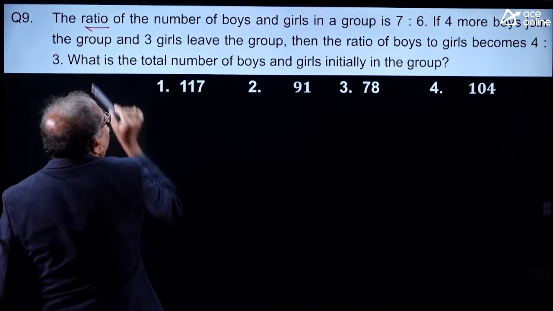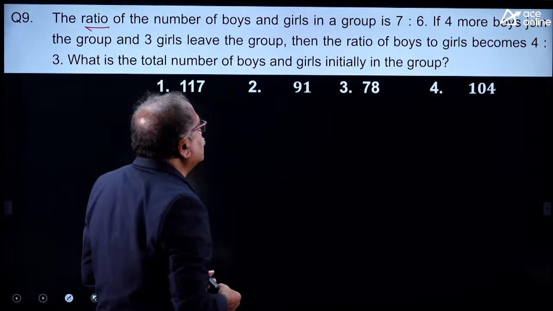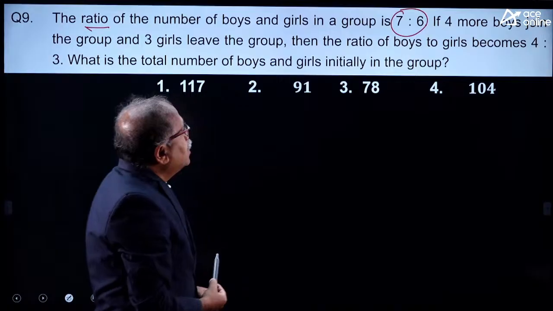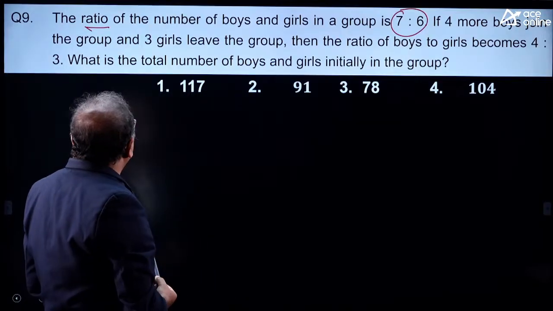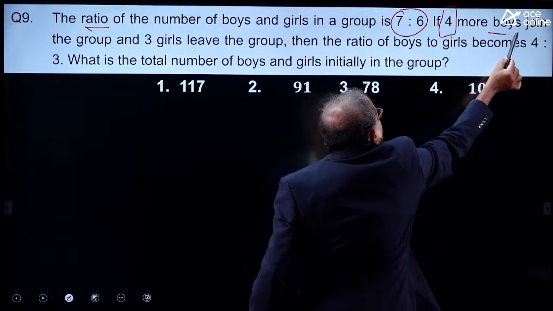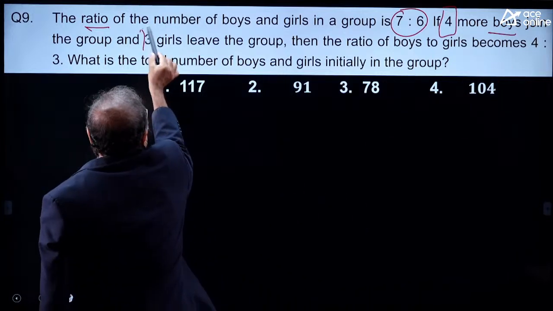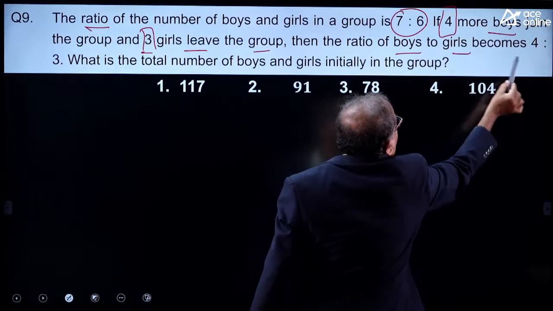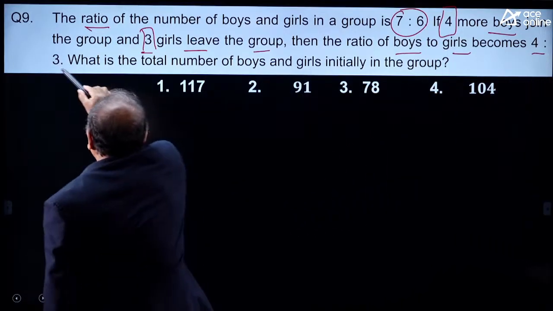The ratio of the number of boys to girls is given to us. 4 more boys join the group, and 3 girls leave the group, and the ratio of boys to girls becomes 4 is to 3.